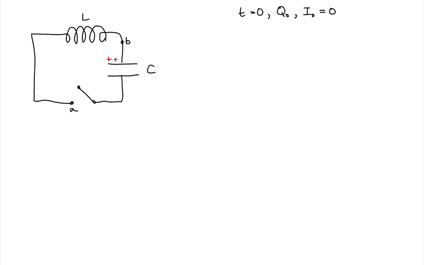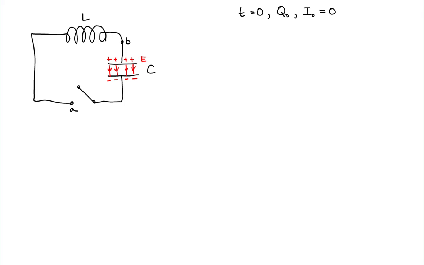We will have the positive charges on the upper plate of the capacitor, the negative charges on the lower plate, and the uniform electric field is in between the plates of the capacitor, and I'll label that electric field as E. Now remember, that electric field stores electric potential energy, and it's that electric potential energy that is ultimately going to allow us to drive a current in this circuit.